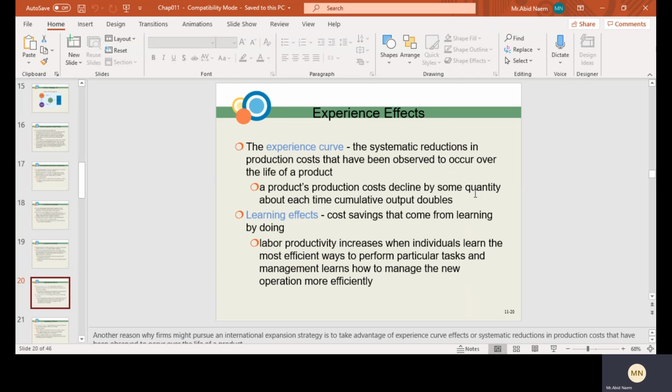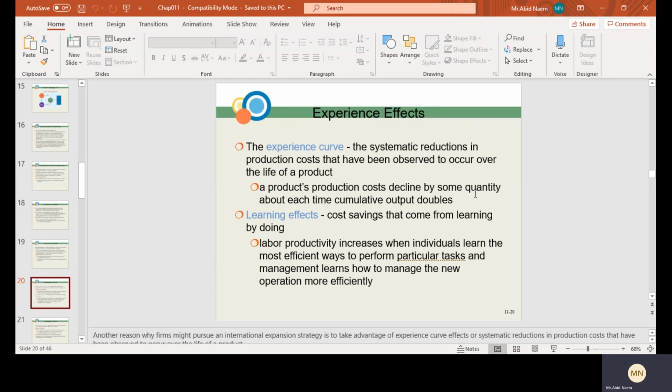The experience curve is the systematic reduction in production costs that has been observed to occur over the life of a product. A product's production cost declines by some quantity about each time cumulative output doubles.